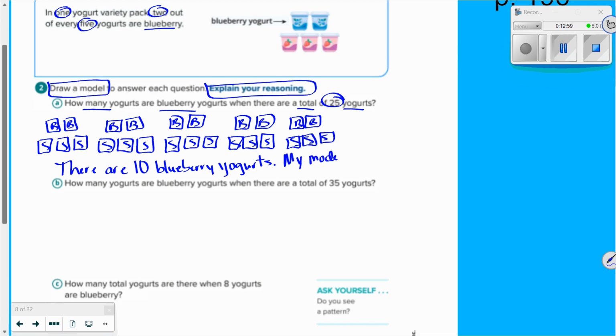And the model showed the answer. I stated the model shows the answer.